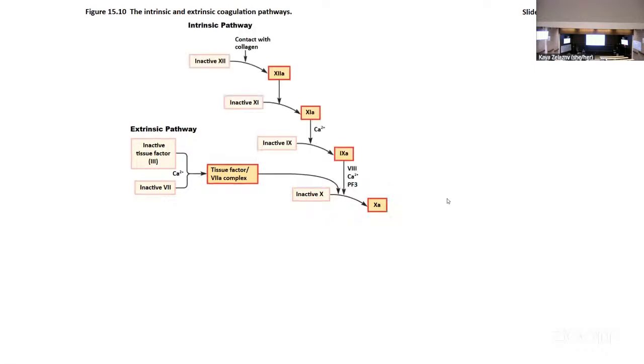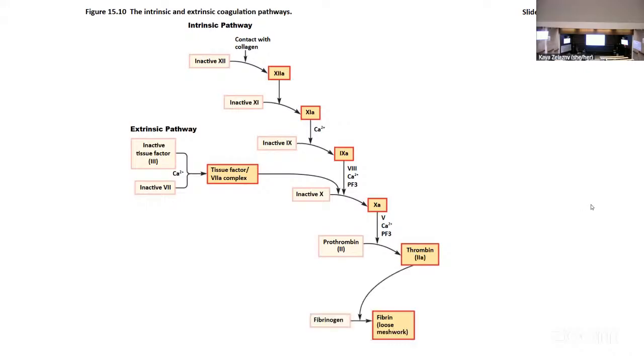Here we see that intrinsic pathway popping on as well. Here we see that factor 10, once it's activated, turning prothrombin into thrombin. And then that thrombin gets to turn our fibrinogen, which isn't a clot, it's just in the bloodstream right now, but once activated, it's going to become this fibrin meshwork.